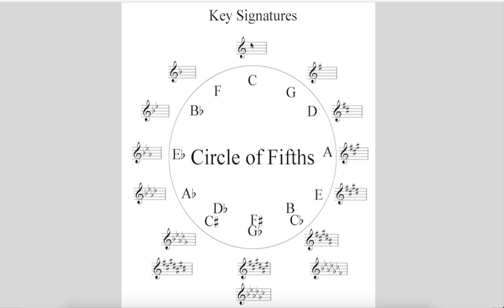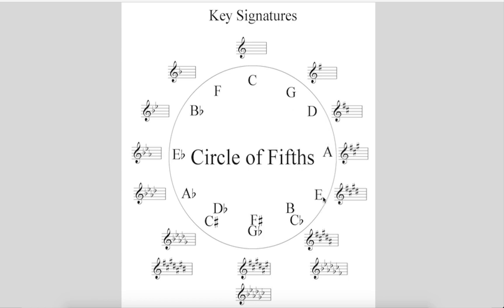In C, you would have an F natural, and in G, you would have an F sharp. So these 2 keys are closely related. We call them closely related keys, is the actual term we use. Similarly, G and D are closely related keys. So you can go either direction in this and find a closely related key.